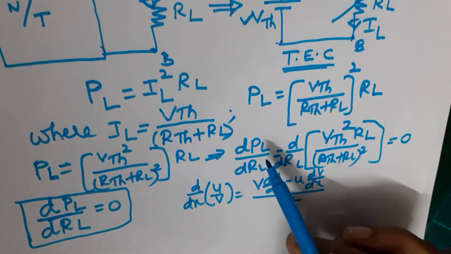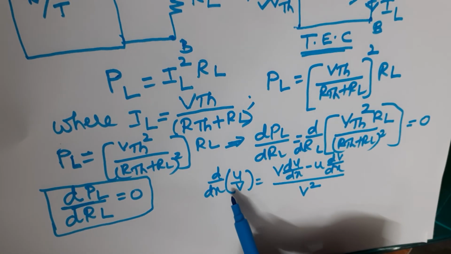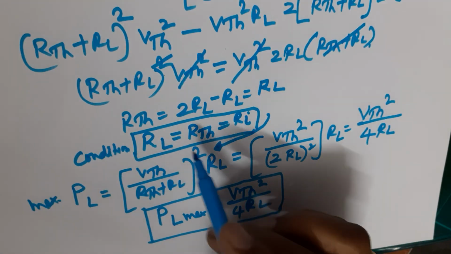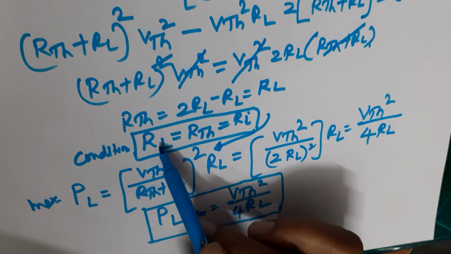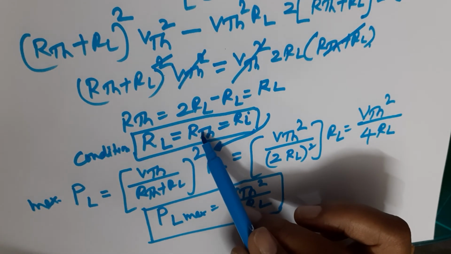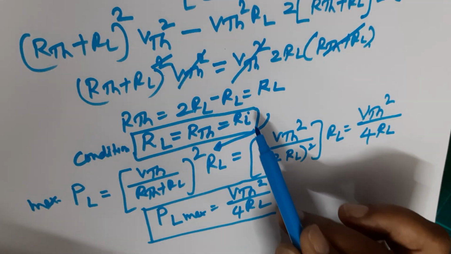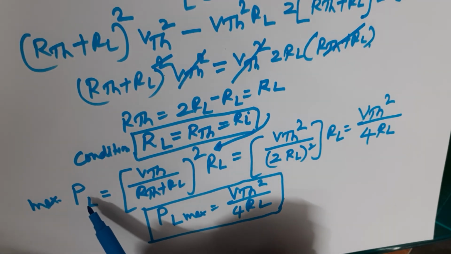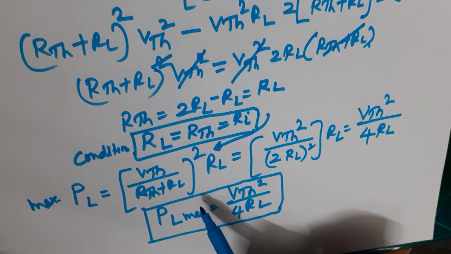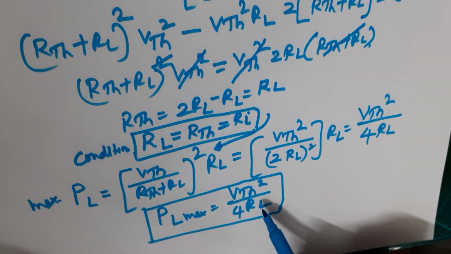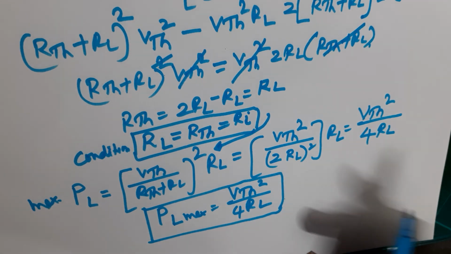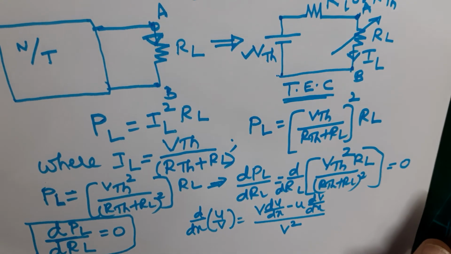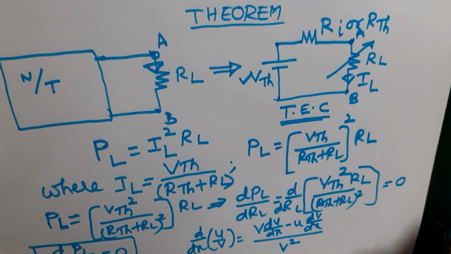By using the differentiation formula d/dx of u by v, we get the condition as load resistance equal to the Thevenin's resistance or internal resistance of the network. And by substituting this condition in the load power expression, we get the load power value as VTH² by 4RL.